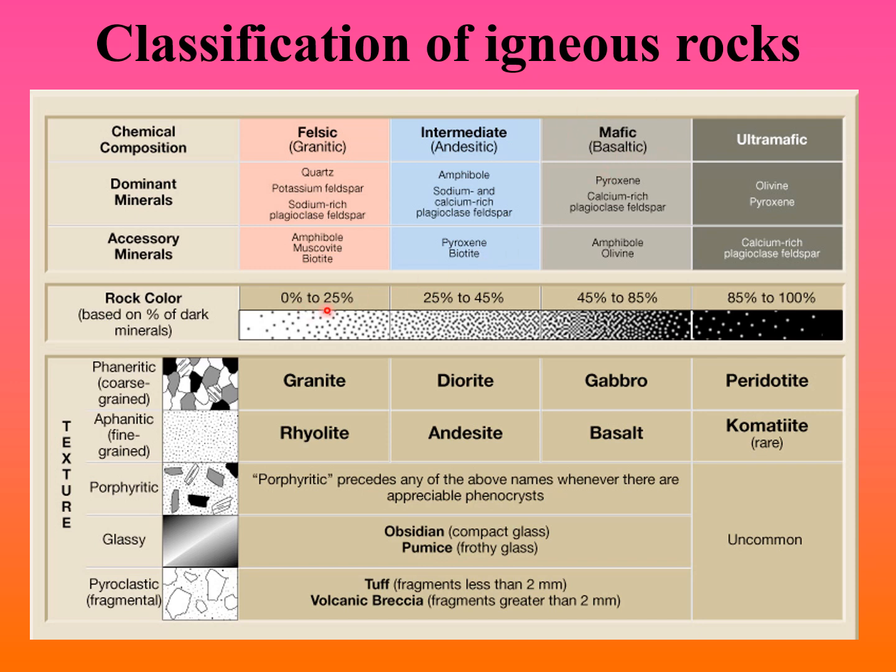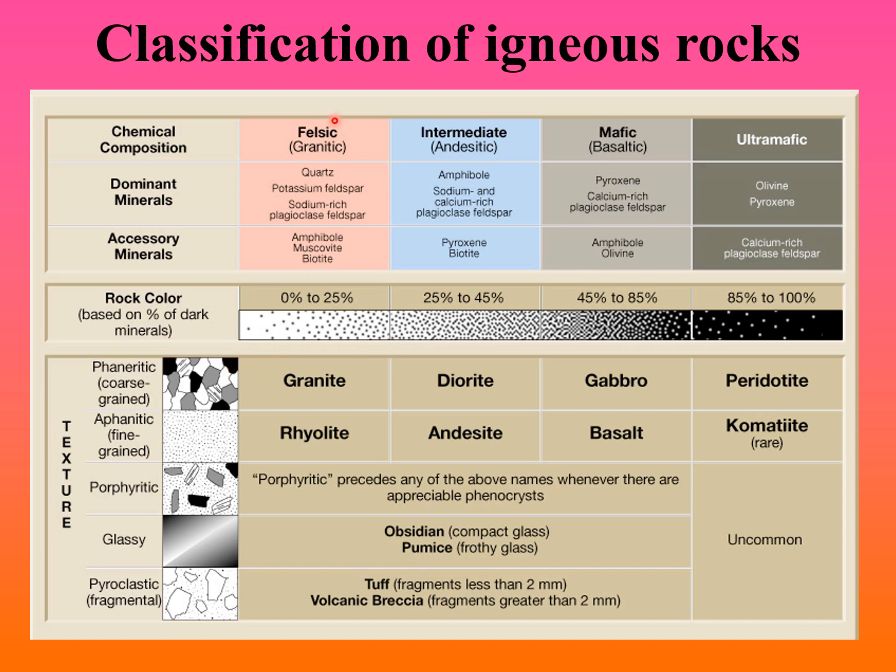And here's a nice little gradation of rock color based on percentage of dark to light minerals. And in the felsic zone, we have a lot more light minerals than dark. Intermediate, we have about 50-50. Mafic, we have more dark than light. And then ultramafic, mostly dark with just a few lighter minerals.